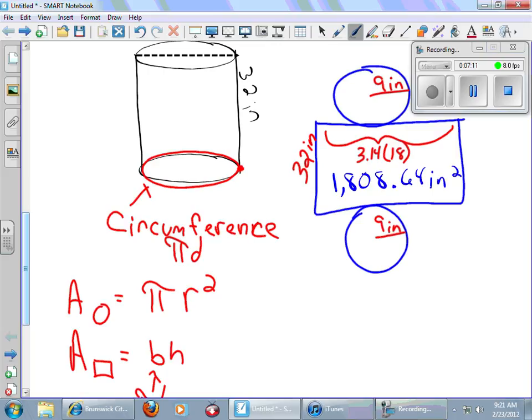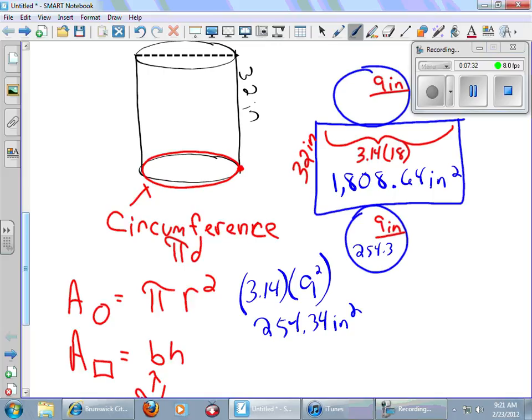All right, well now I'll do the area of the circle, and that will be 3.14, and I'll multiply by the radius squared. And so 3.14 times 81 ends up being 254.34 inches squared. So this part here is 254.34.